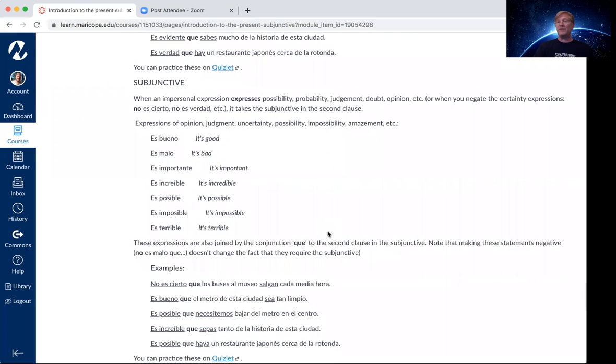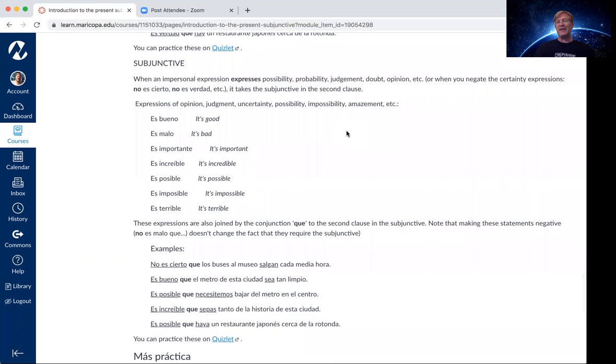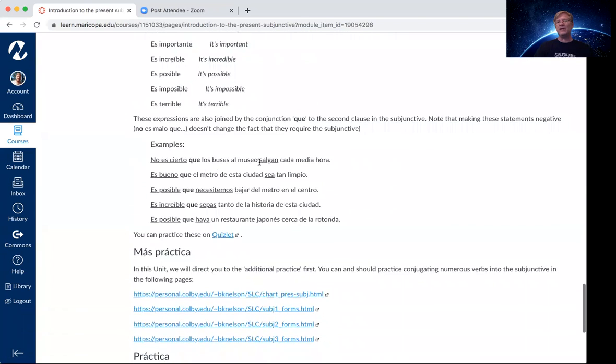But if the impersonal expression expresses less than certainty, probability, possibility, negation, uncertainty, then the dependent clause will need to be in the subjunctive. There are many expressions that convey this lack of certainty. Es bueno, es malo, es importante, etc. These will take the subjunctive.